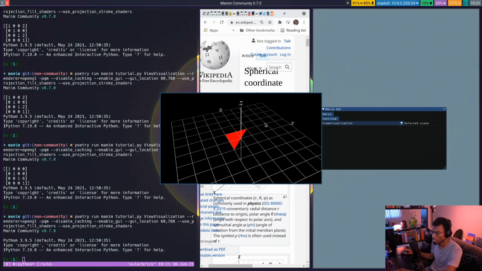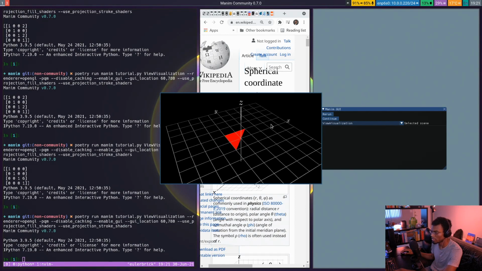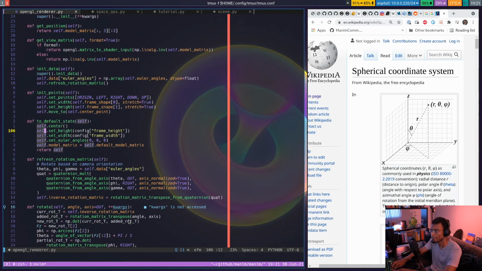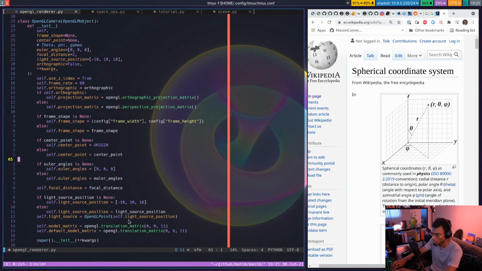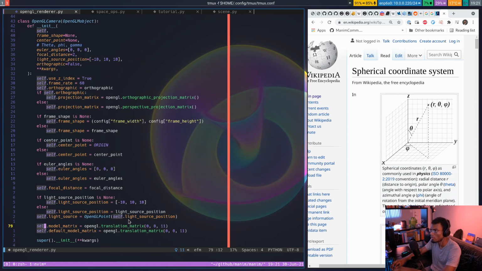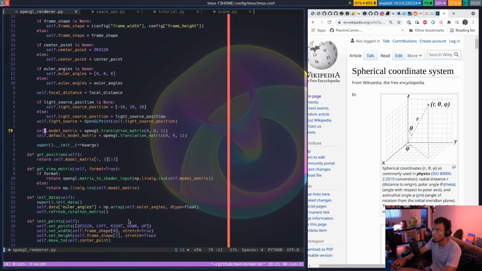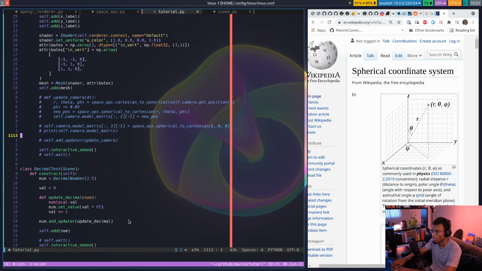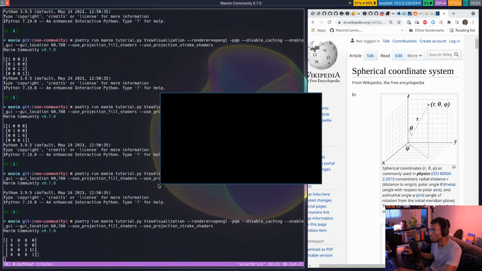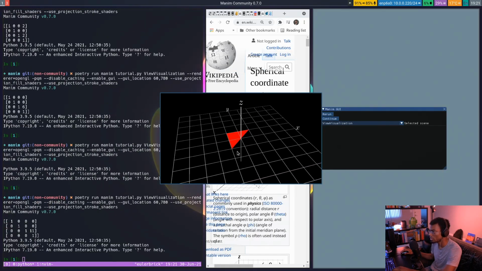Yeah, by default it's just a pretty good place. I just set it to 11, I guess. Okay. So I go here, move this to 11, 0, 0. This should be the exact same place.